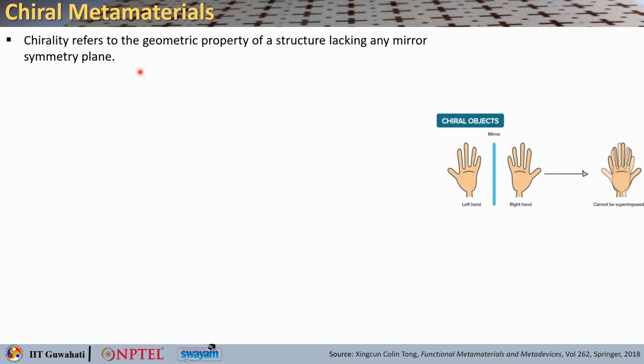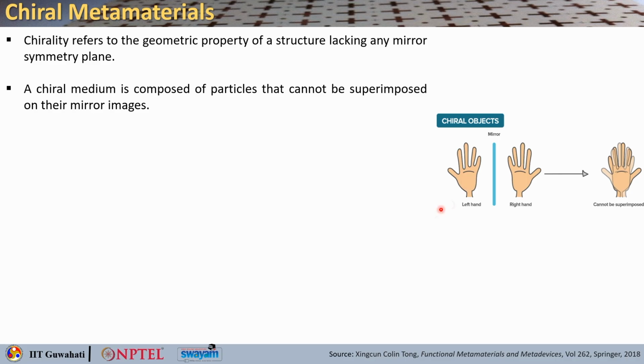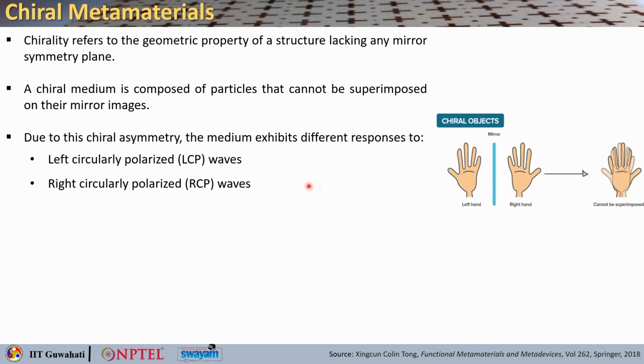So, chirality basically refers to a geometric property of a structure that lacks any mirror symmetry plane, right. So, a chiral medium is basically composed of particles that cannot be superimposed on their mirror image. So, you can take an example here. You take your right hand and bring it in front of a mirror, you get the reflection which looks like your left hand. Now, if you bring them together, you will see that they will not be superimposed, right.